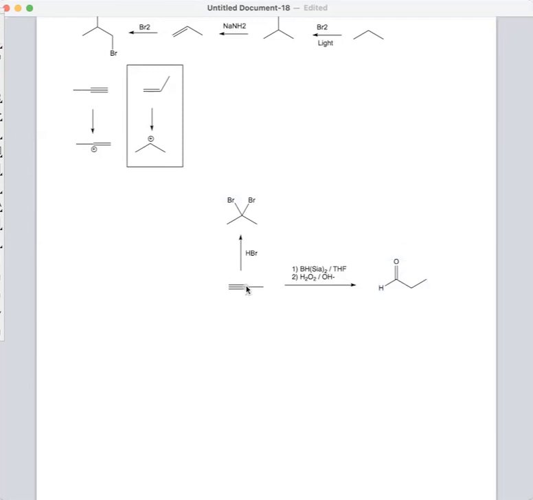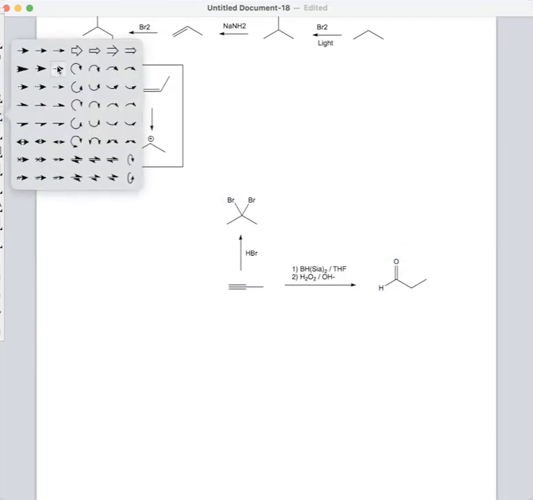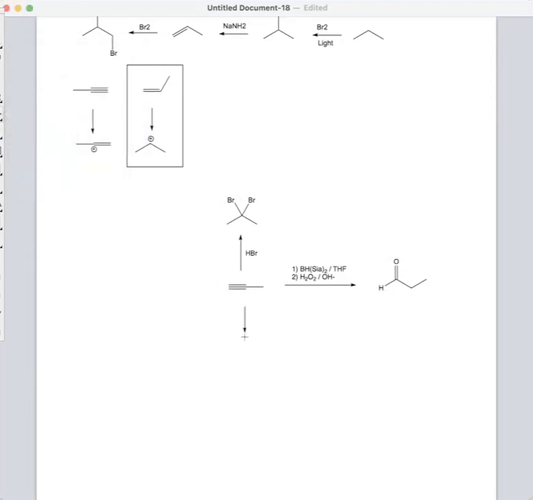Okay. So we also discussed the acid catalyzed hydration of alkynes. I just talked about how alkynes are less reactive than alkenes. So for acid catalyzed hydration, we need to use stronger electrophiles as compared to alkenes. So we use mercury sulfate in sulfuric acid and water.